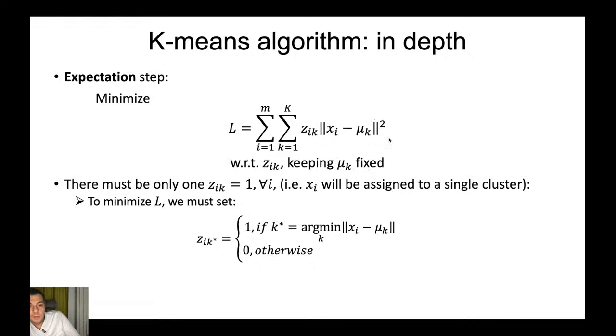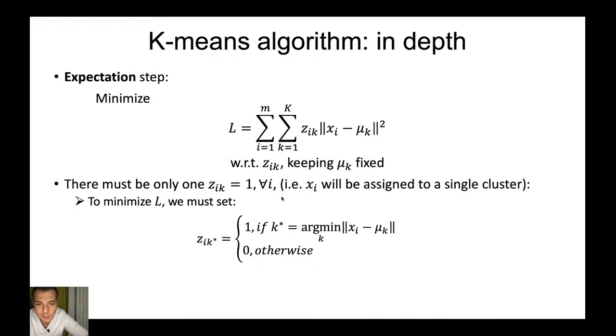So we're trying to optimize this part, actually to minimize this part. In order to minimize it, we have to assign the example xi to the cluster that has the minimum distance with respect to the centroid.